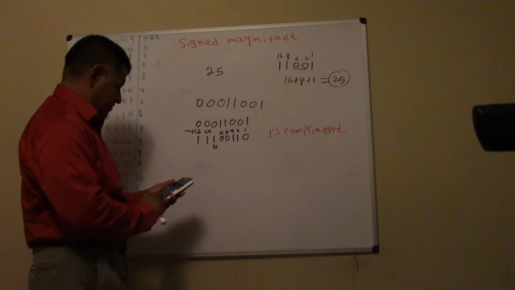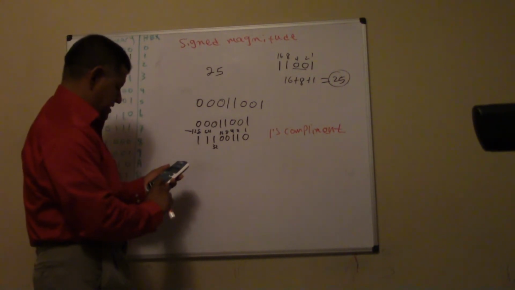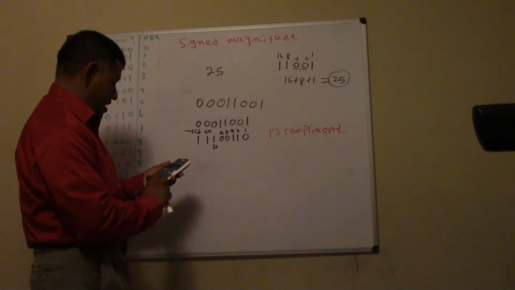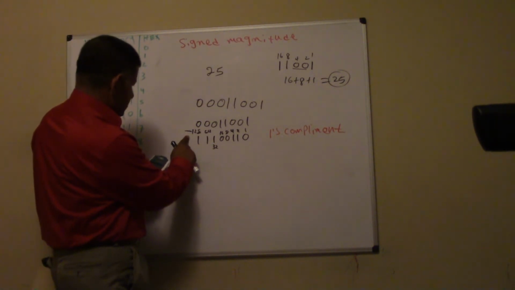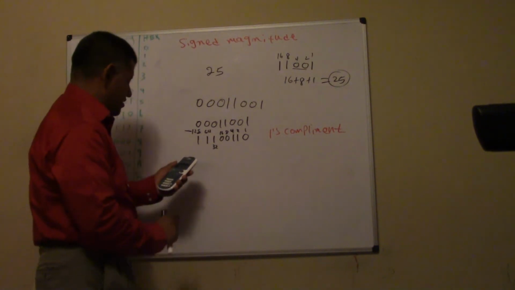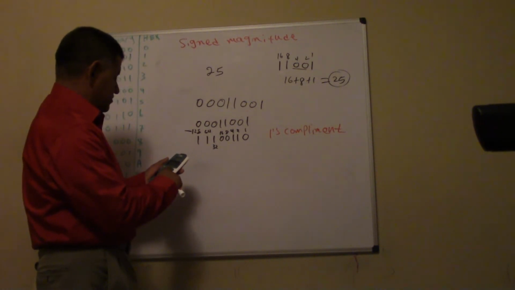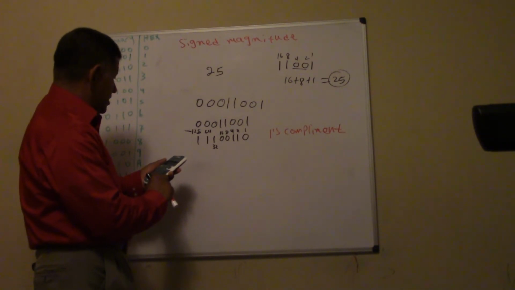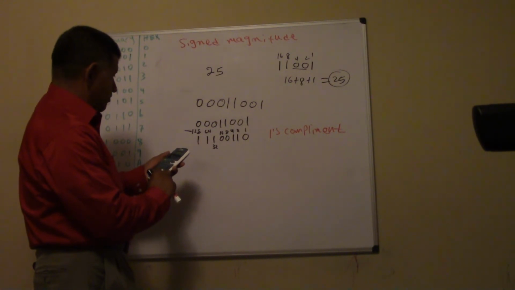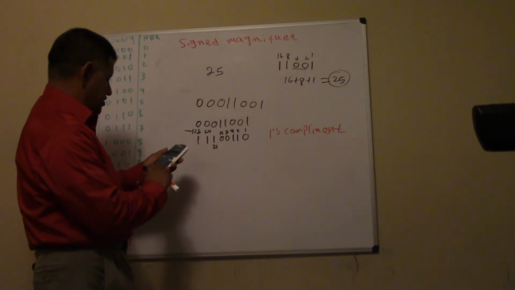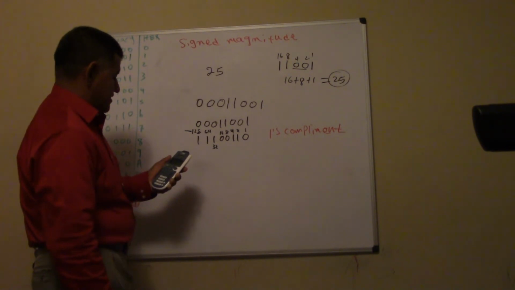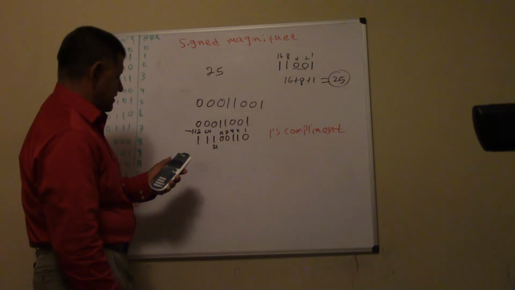Well, negative 128 plus 64 plus 32 plus 32 plus 4 plus 2, because the only negative is this one, and from here to here are positive. That gave me negative 23.